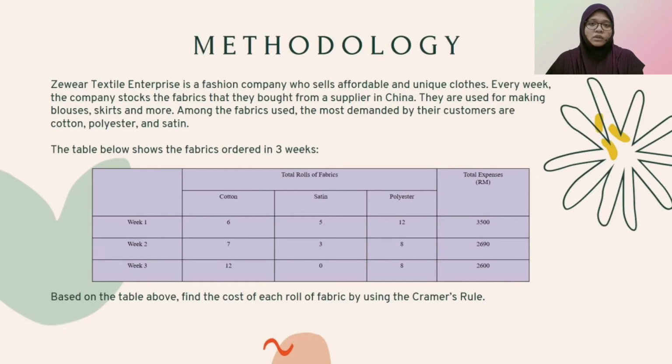Next, the total of fabric rolls ordered in week 3 is 20 rolls and the total expenses is 2,600 ringgit. The order consists of 12 cotton rolls and 8 polyester rolls. Based on the orders, we need to find the cost of each roll of fabric by using Cramer's rule.